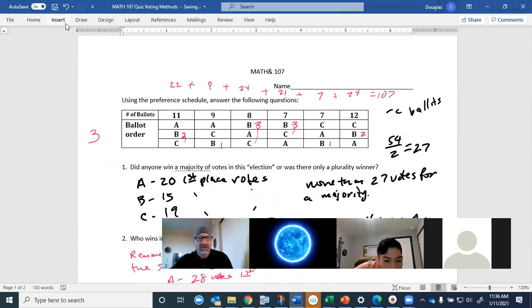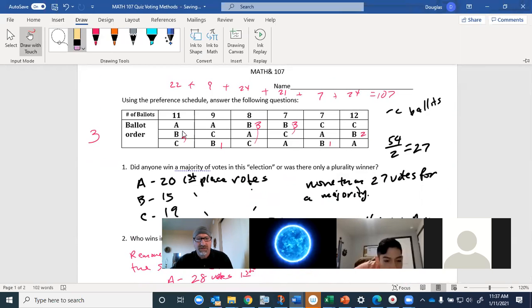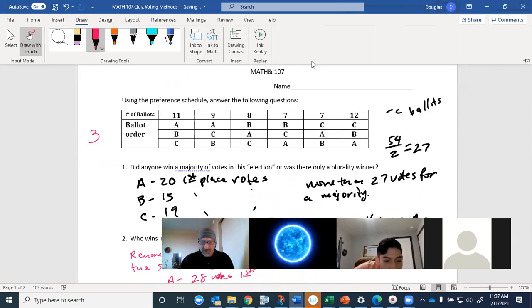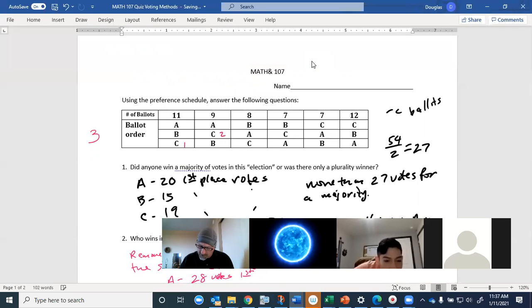So I'll erase all those for B. Okay, now let's do C. So C is going to get 1, 2, 1, 2, 3, 3. So this is 11 times 1, 9 times 2, 8 times 1, 7 times 2, 7 times 3, and 12 times 3.